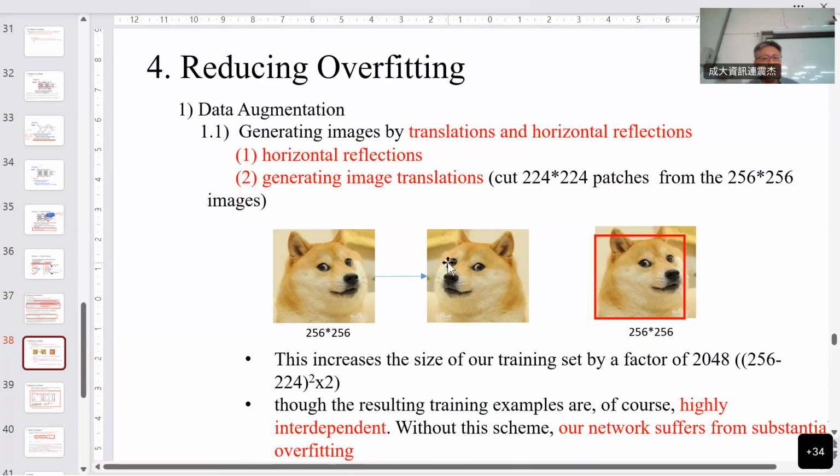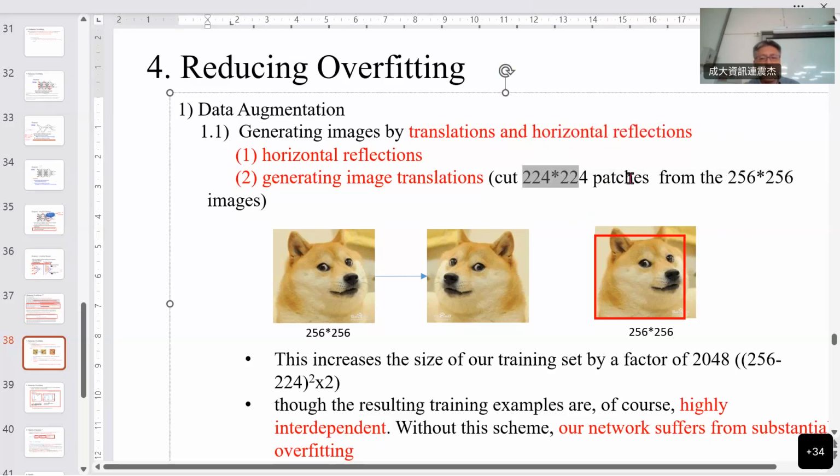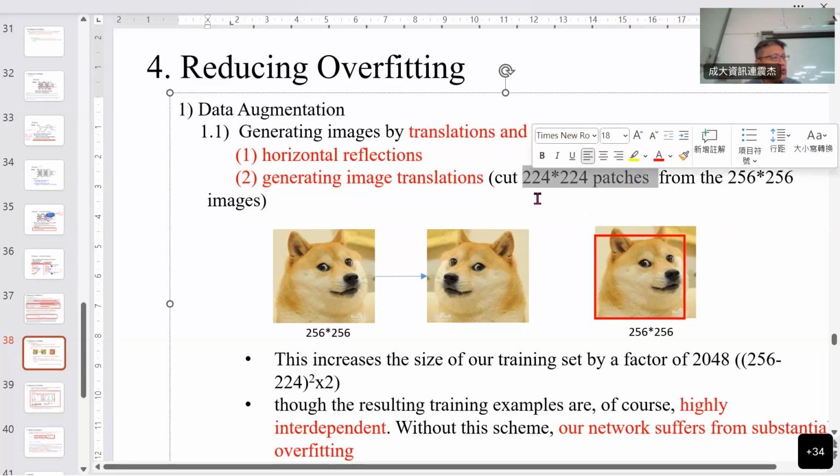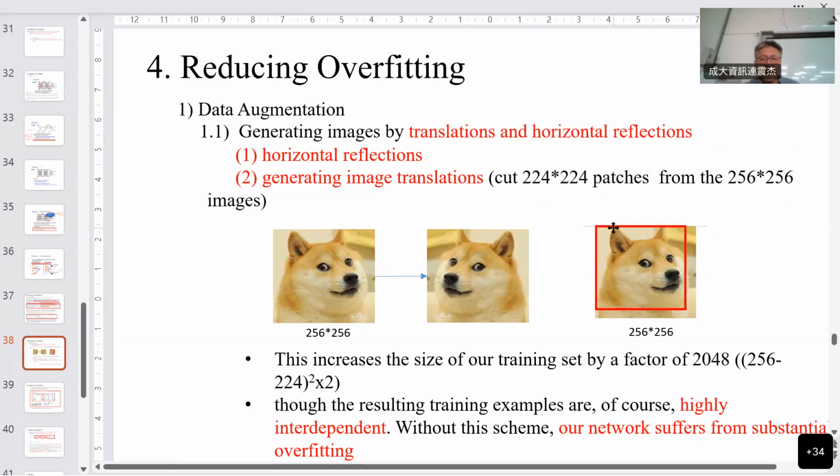Then you use a crop with a slightly smaller window. For example, your original image size is 256 by 256, and when you input, the image size becomes 224 by 224. This red one will shift: left top, then here, second, third, fourth, and the middle.